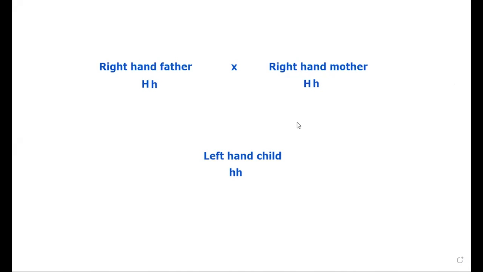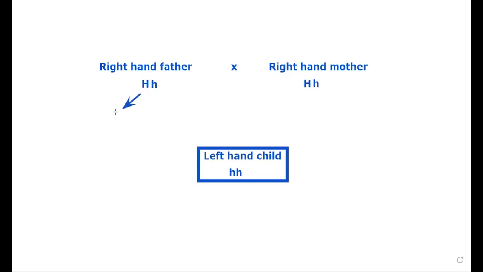So if you have heterozygous parents, both of them are showing dominant character, but the child will show recessive character. But remember, this is a random event. This is one combination. Now this father can give another child.